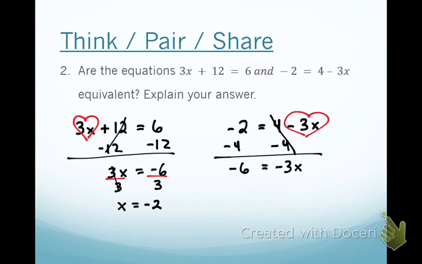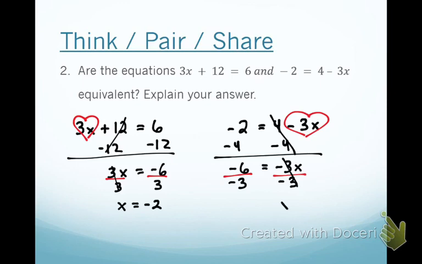Autumn, what should I do to get the x by itself? Add by 3. What does it mean when a number is right next to a letter? Divide by 3. Divide by -3. Okay, so if you're trying to get rid of this -3 right here, you have to divide by exactly that same integer, okay?